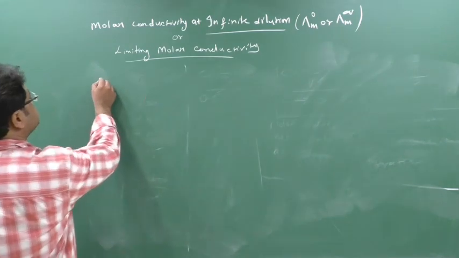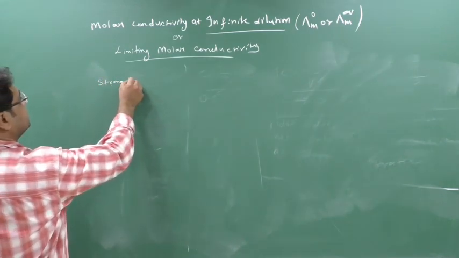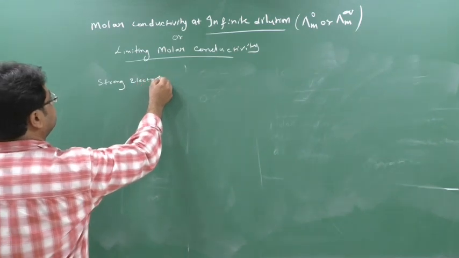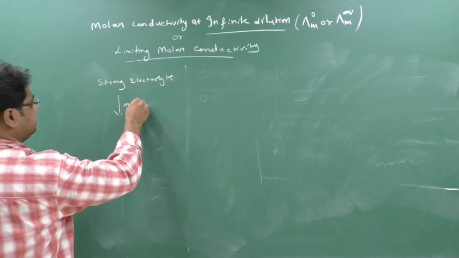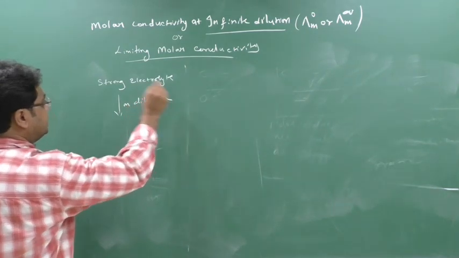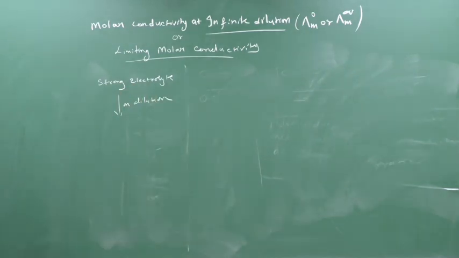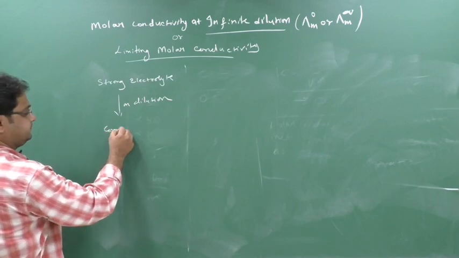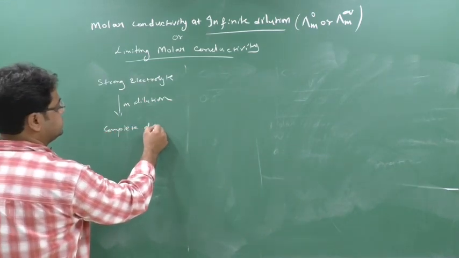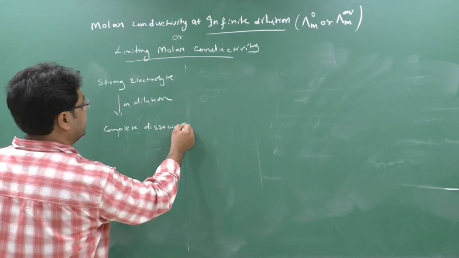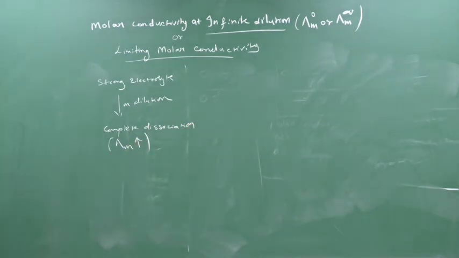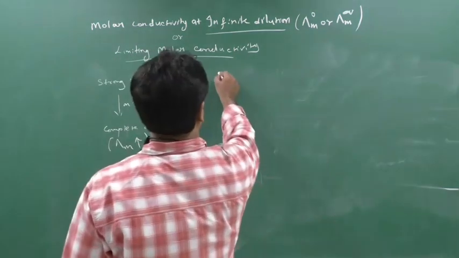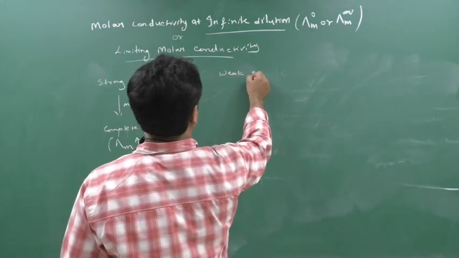You know that for strong electrolyte, on dilution there is complete dissociation, and for this lambda m increases.